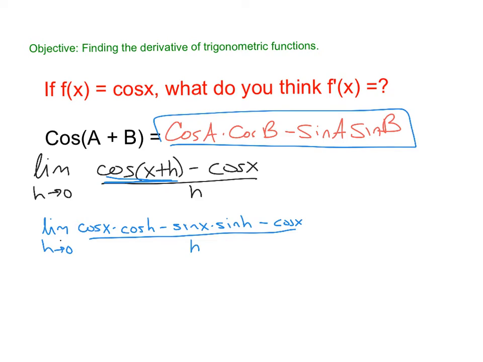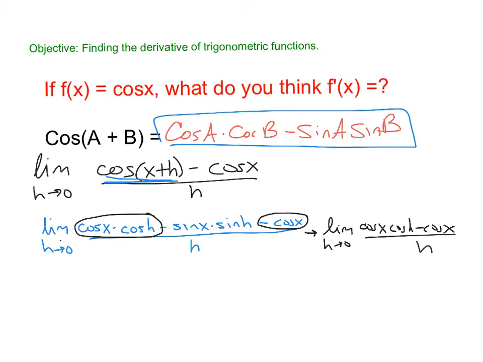So now what we're going to do is kind of put this and this together. We're going to make two fractions out of this. So it's the limit as h approaches 0. And we have cosine x, cosine h minus cosine x all over h. And then minus negative sine x sine h all over h.